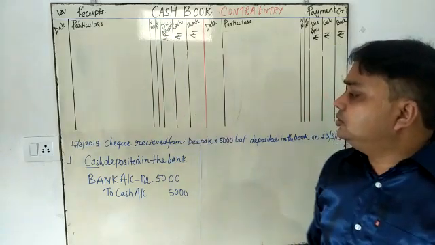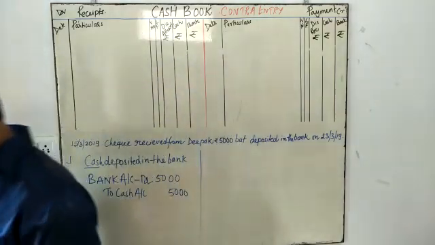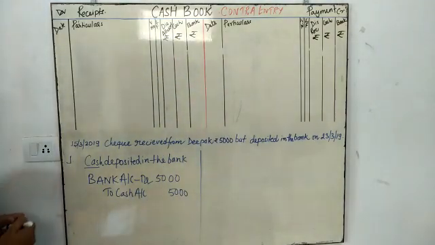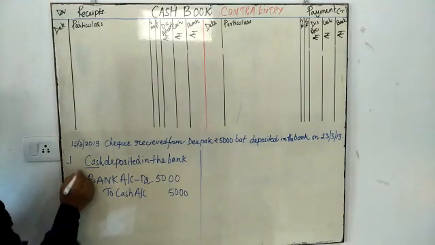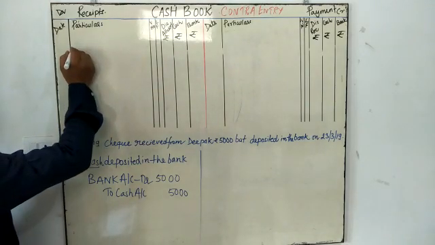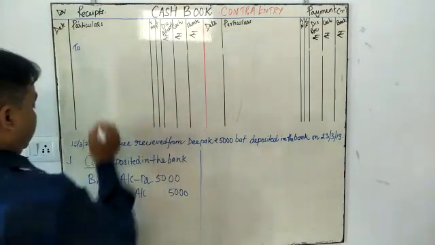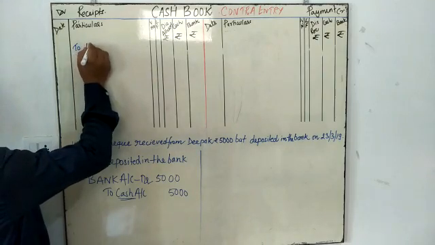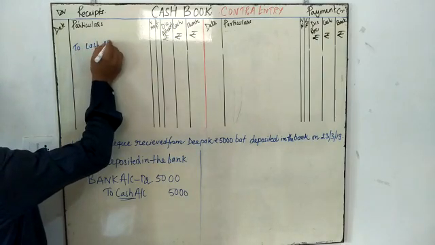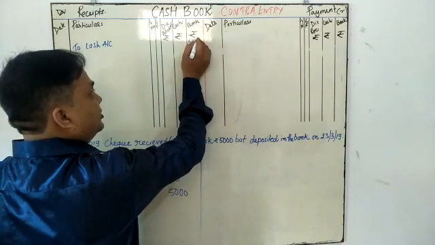So how do you put it? You see the bank column is where? The bank column is on the debit side. So you move to the debit side here. In bank you will write the reason: to cash account, and write in the bank column rupees 5,000.